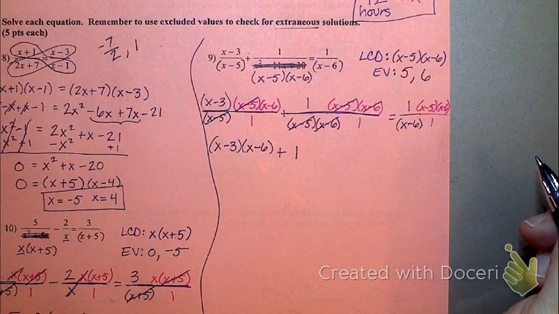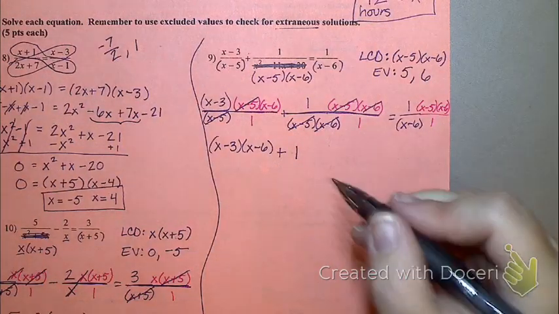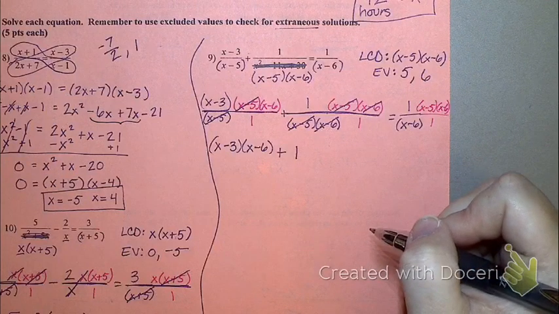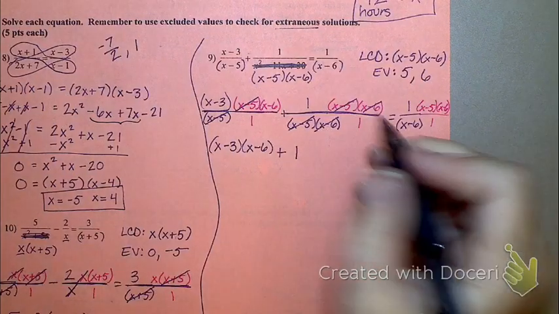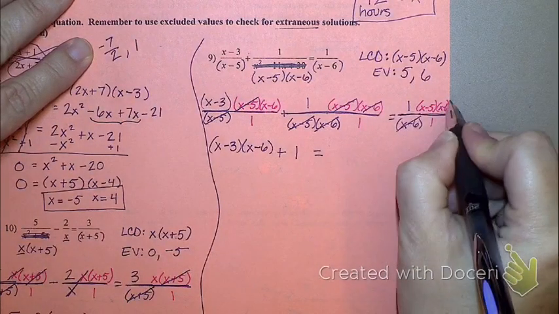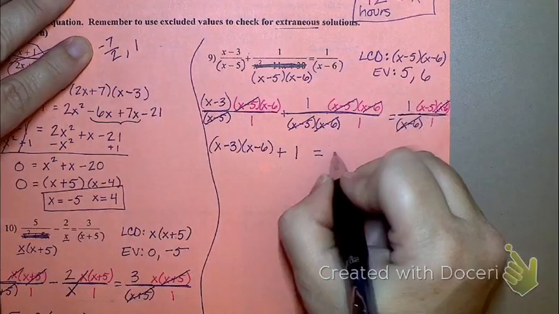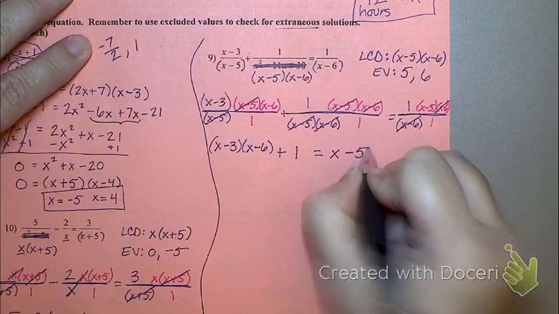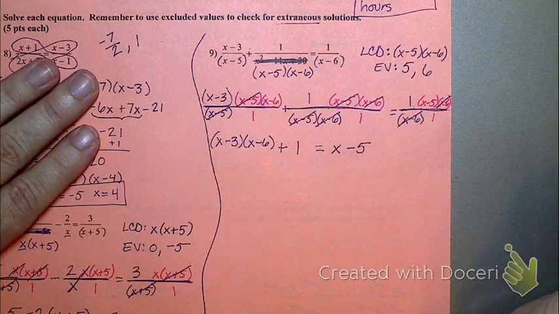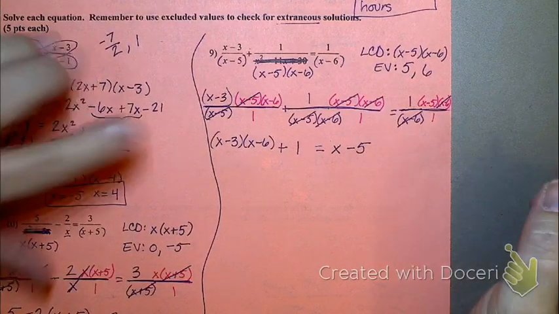And a lot of people missed that one. And if you missed that one, you got to a place where you couldn't factor to get answers. And that was a problem. Over here, what cancels? The x minus 6. So I have 1 times x minus 5, which I can just call x minus 5. All right, can I keep going?